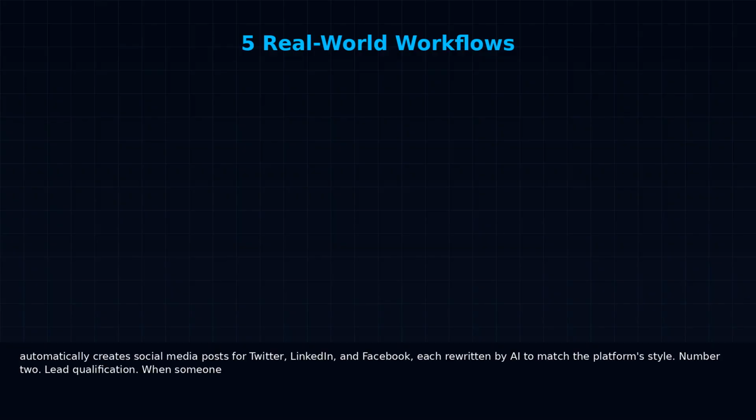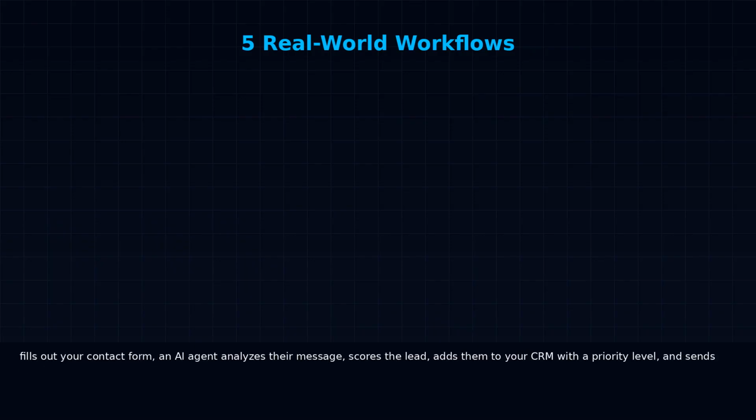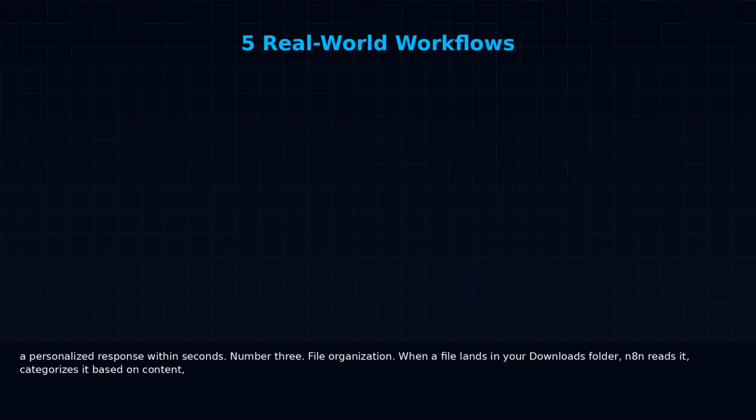Number 2. Lead qualification. When someone fills out your contact form, an AI agent analyzes their message, scores the lead, adds them to your CRM with a priority level, and sends a personalized response within seconds.